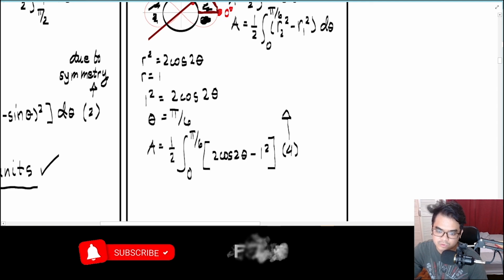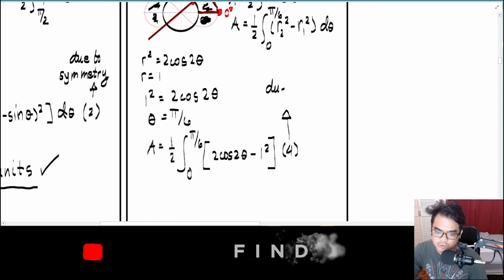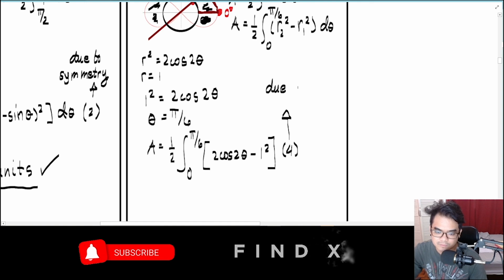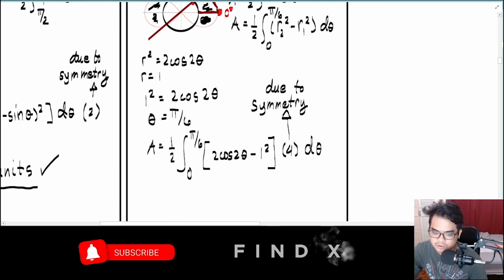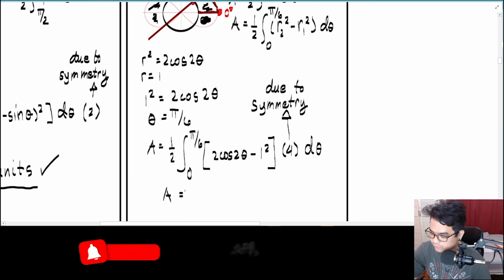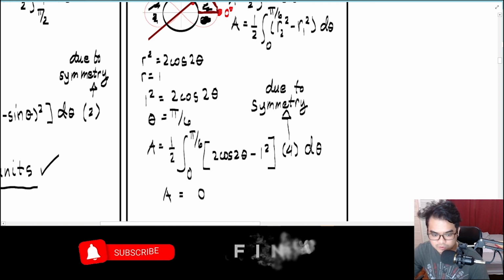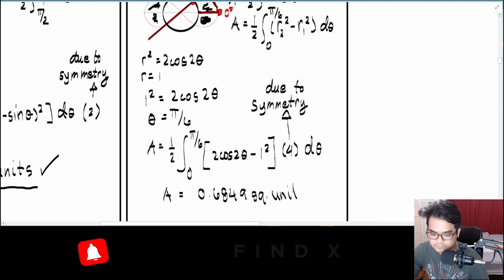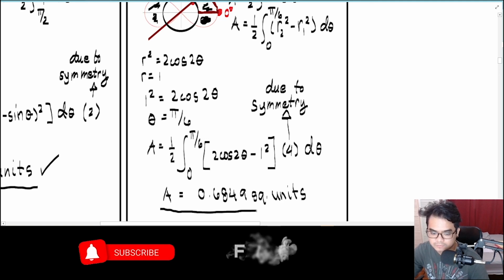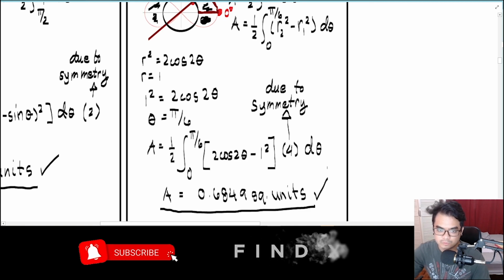Again, this is due to symmetry, since we are just computing one part of the area and multiplying it by 4. If you compute this using your calculator, you will get 0.6849 square units, and that will be your answer.